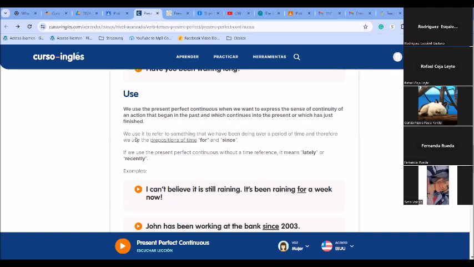We use it to refer to something that we have been doing over a period of time, and therefore we use the prepositions of time for and since. If we use the present perfect continuous without a time reference, it means lately or recently.